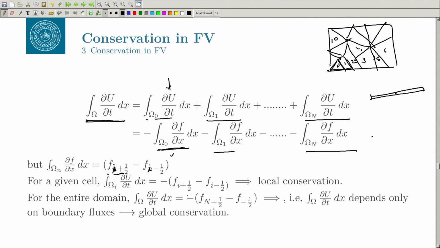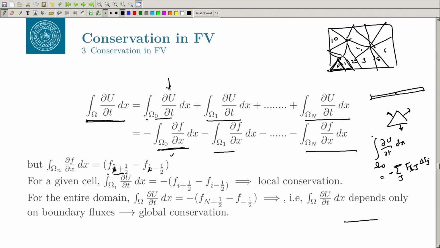So, you take any cell, let us say I am taking this particular cell, and you want to calculate this du by dt dx over omega 0. That will become, across each face, f perpendicular j delta s j, for all j, and it will become negative. So, basically we loop over all the faces and calculate the changes happening at the interface.